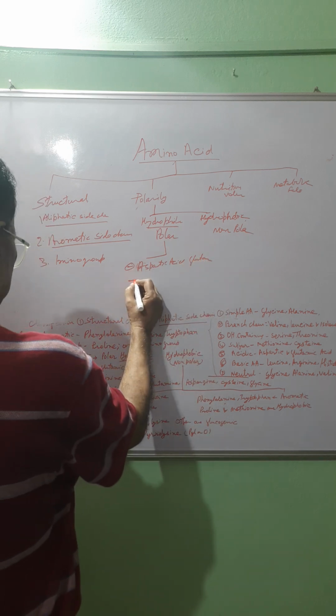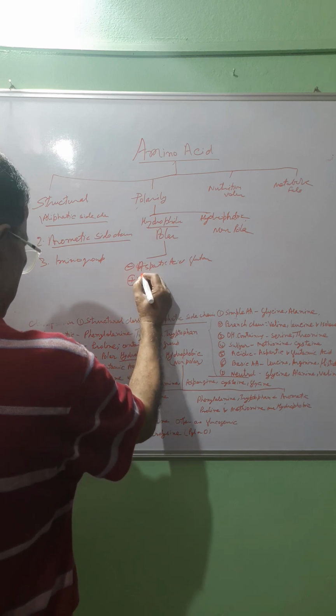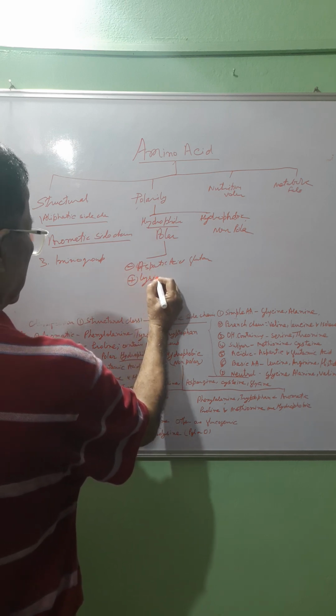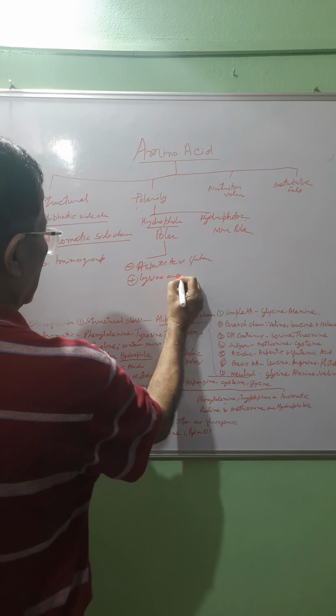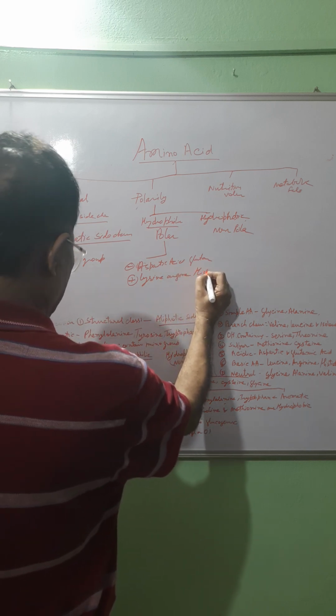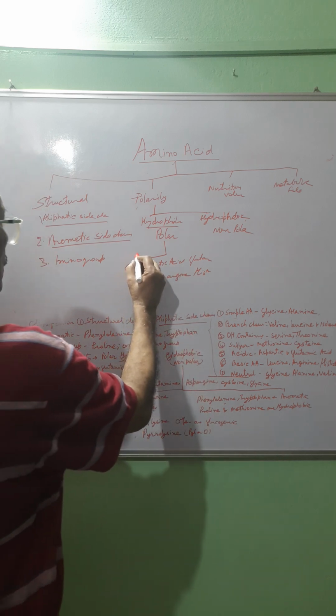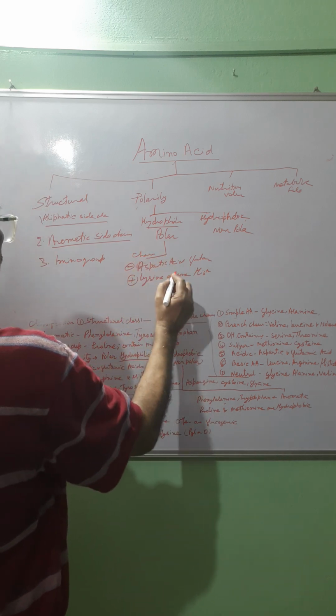And then positively charged: lysine, arginine, and histidine. Polar is of two types, charged and uncharged.